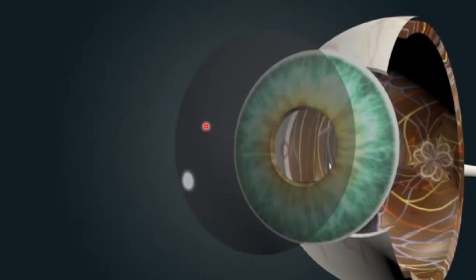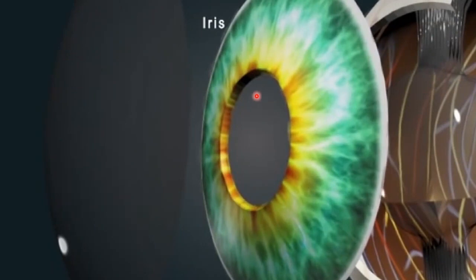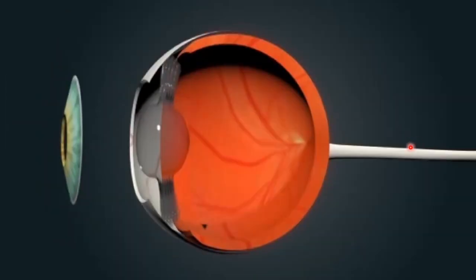After light refracts through the cornea, it goes to the iris and pupil. The iris is the colorful part, and in between the iris there is an opening, the pupil, from which light enters and hits the lens.